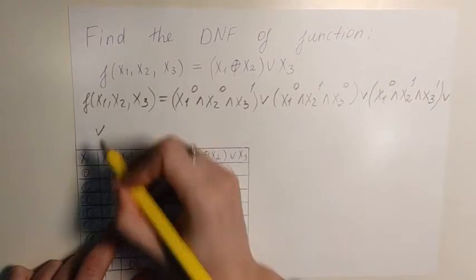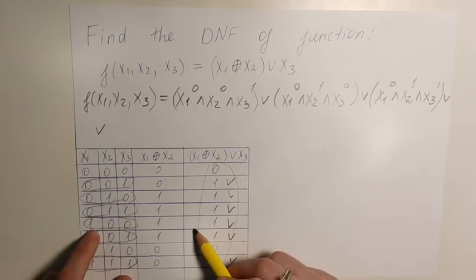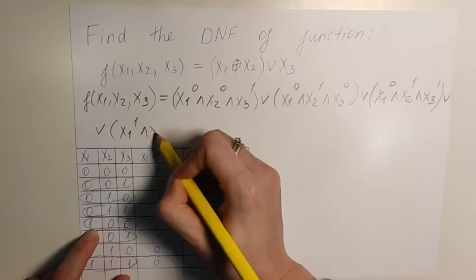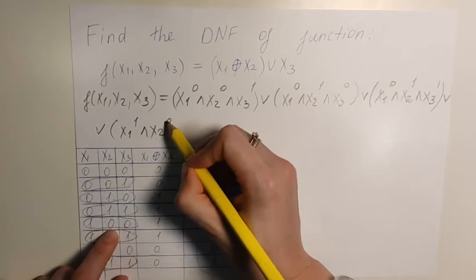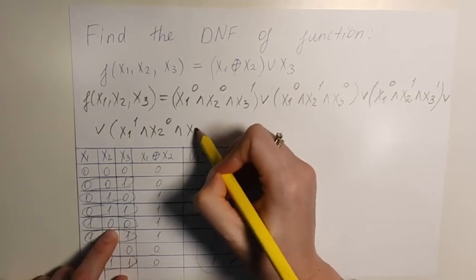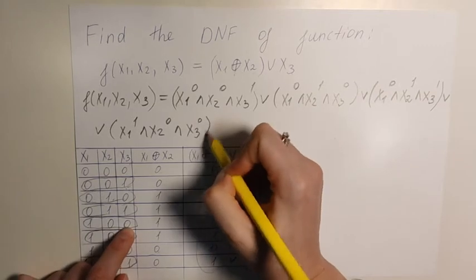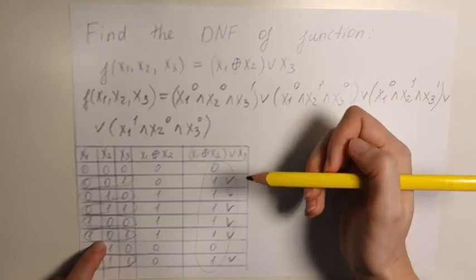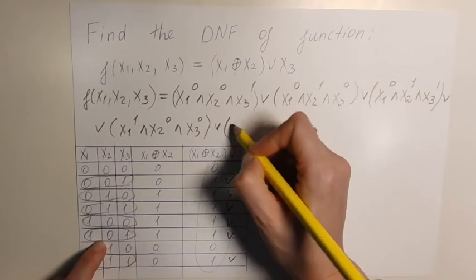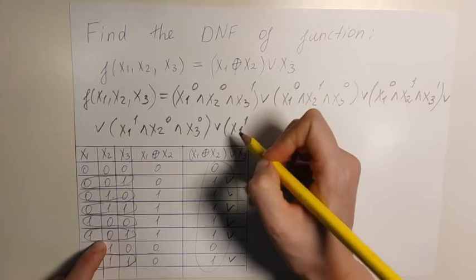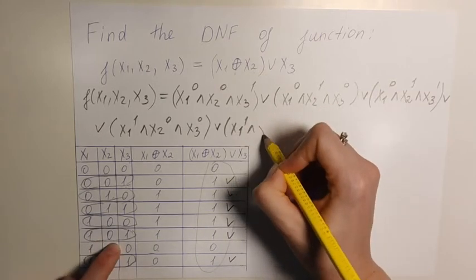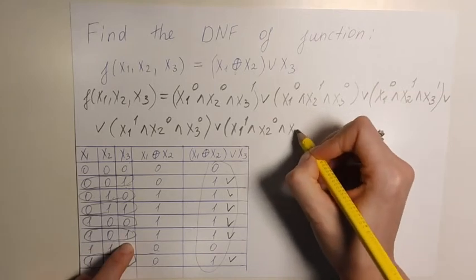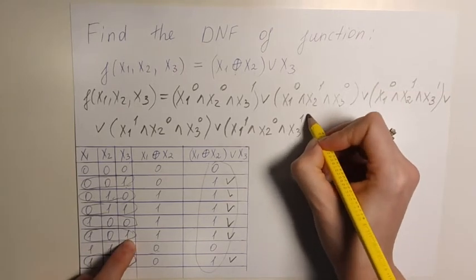Or let's continue, x1 1, x2 0 and x3 0. Let's continue, x1 1 and x2 0 and x3 1.